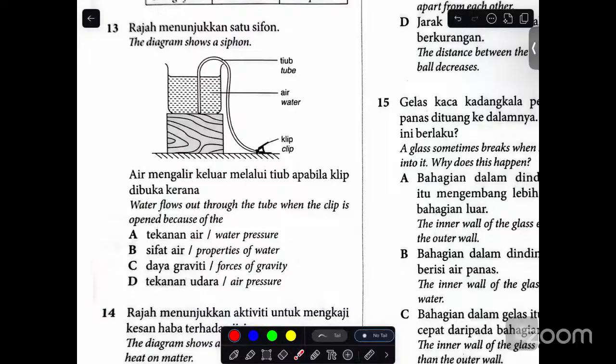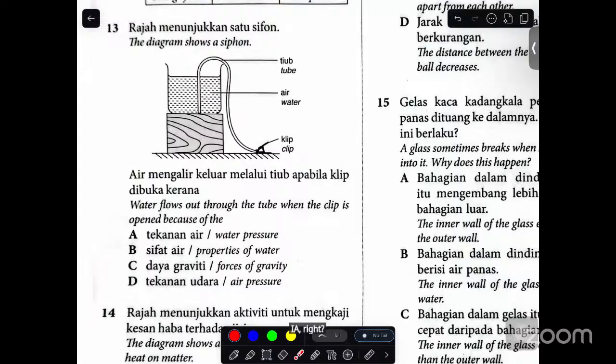Tekanan air. Tekanan air atau tekanan udara? Tekanan air atau tekanan udara? Water pressure, pelajar yang jawab tekanan air, right?